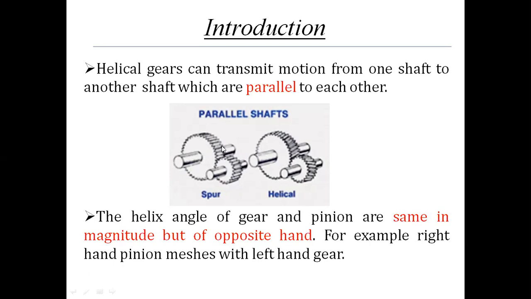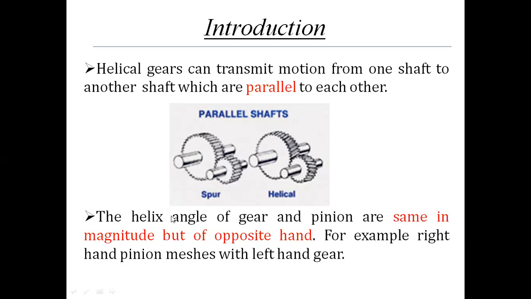The teeth which are cut on the spur gear are parallel to the axis of rotation, but in the case of helical gear, the angle made by the teeth with the axis of rotation is not parallel, it is at an angle with the axis of rotation.